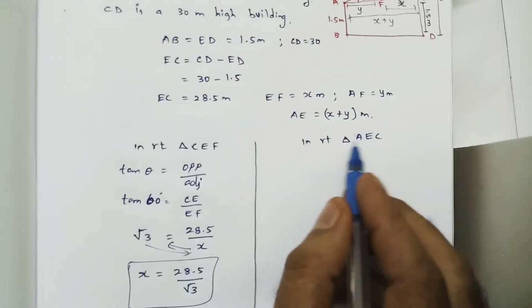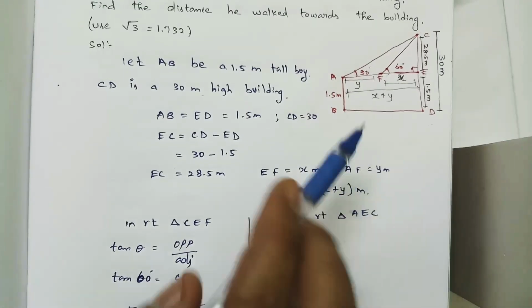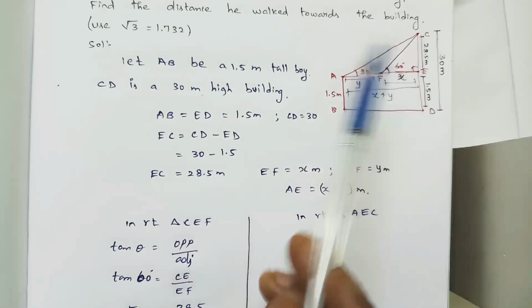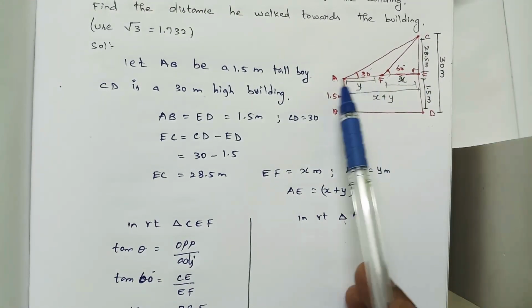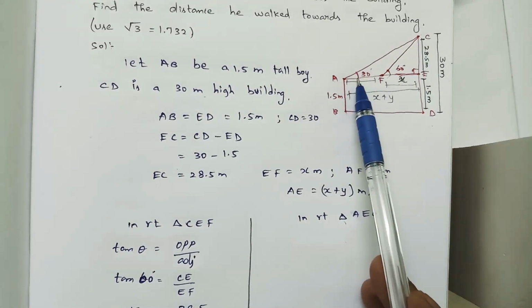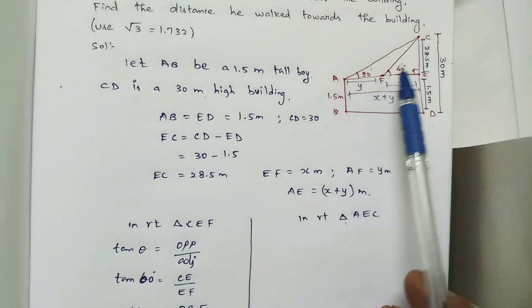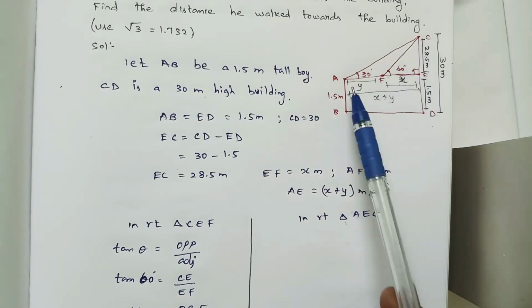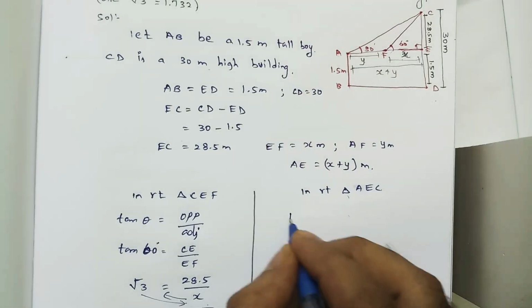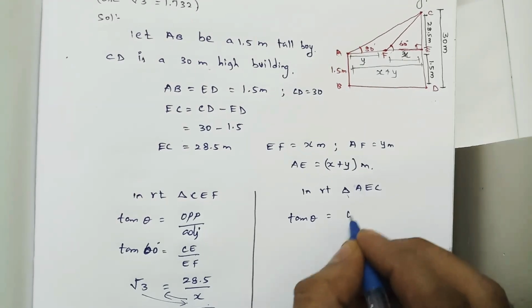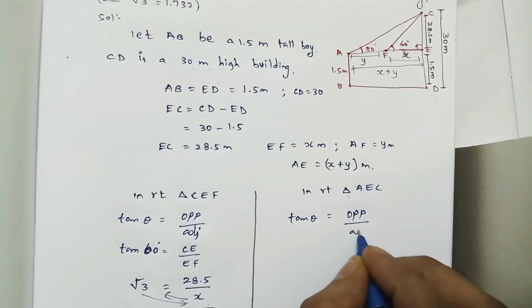Next, in right triangle AEC, we know opposite side and we want to find the adjacent side. In right triangle AEC, what is the acute angle? 30 degree. For that, what is the opposite side? 28.5 meter. Adjacent side is nothing but X plus Y, right? So, tan theta is equal to opposite side divided by adjacent side.